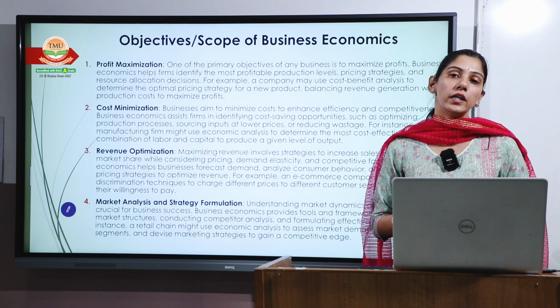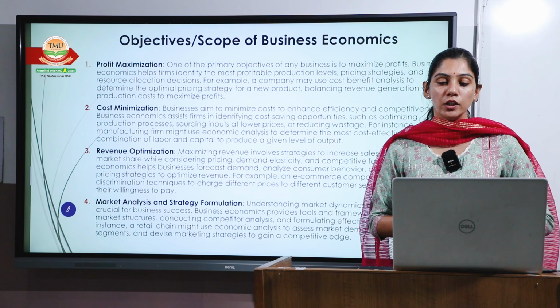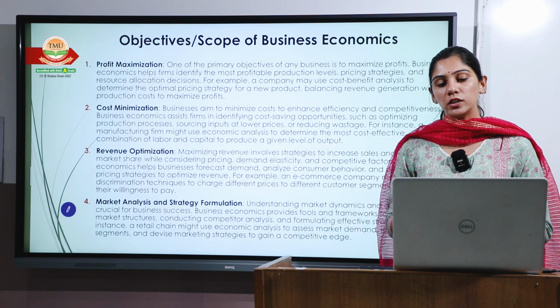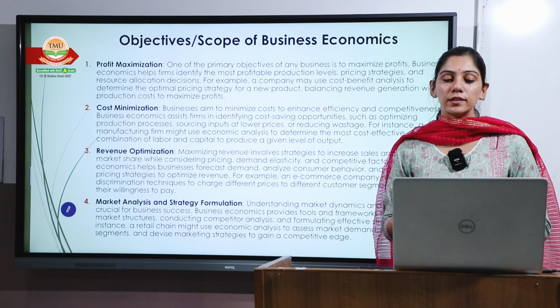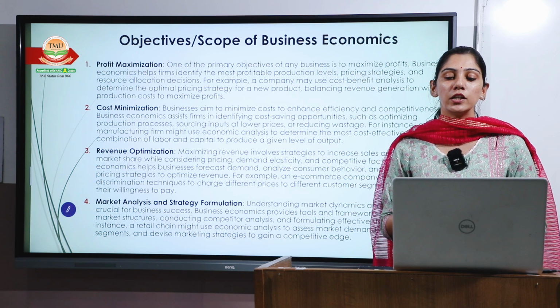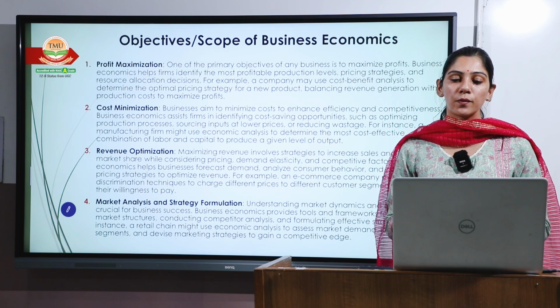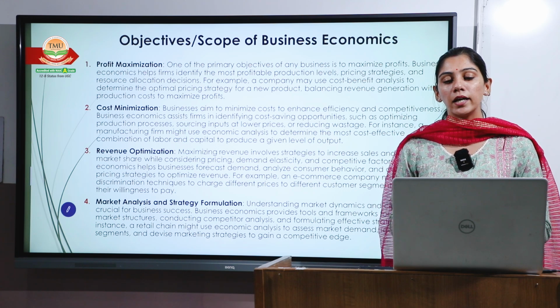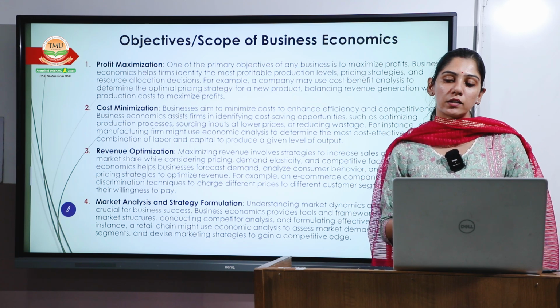Next point is revenue optimization. Maximizing revenue involves strategies to increase sales and expand market share while considering pricing, demand elasticity, and competitive factors.